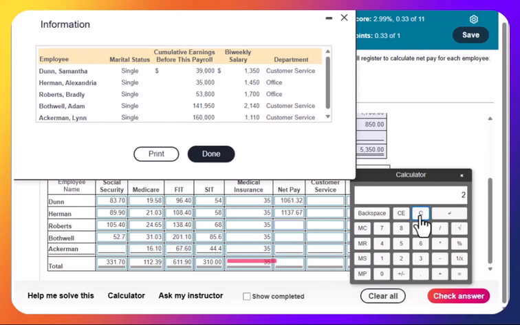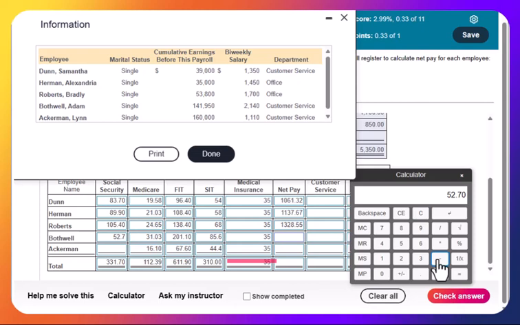So 2465, 3840, 68 minus 35. So we have 1,328.55. And then we'll select the next cell so we make sure we don't lose our answer. So 2140 for Adam Bothwell. And then we're going to subtract out all of his deductions.